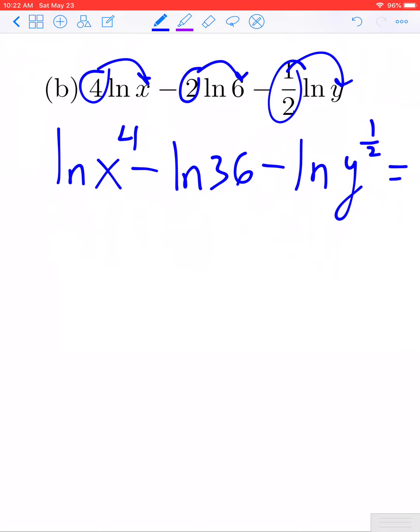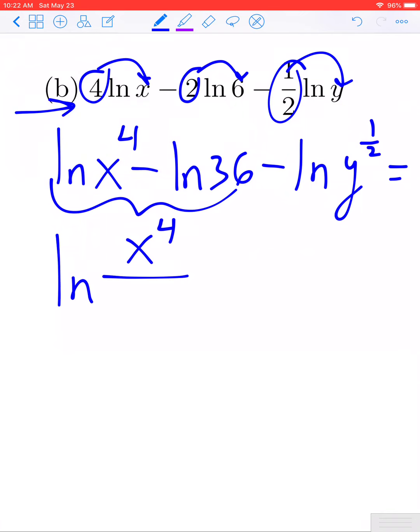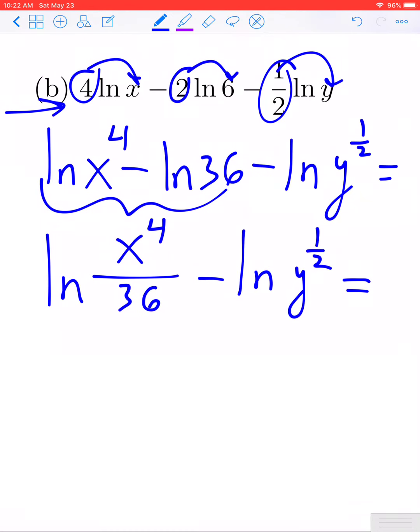From here, we're going to work our way left to right, kind of like order of operations. With these first two, I can apply the quotient rule. The difference of the two logarithms is going to be the quotient. It's the first value divided by the second value, all inside of a single logarithm. And now we can apply the quotient rule one more time.